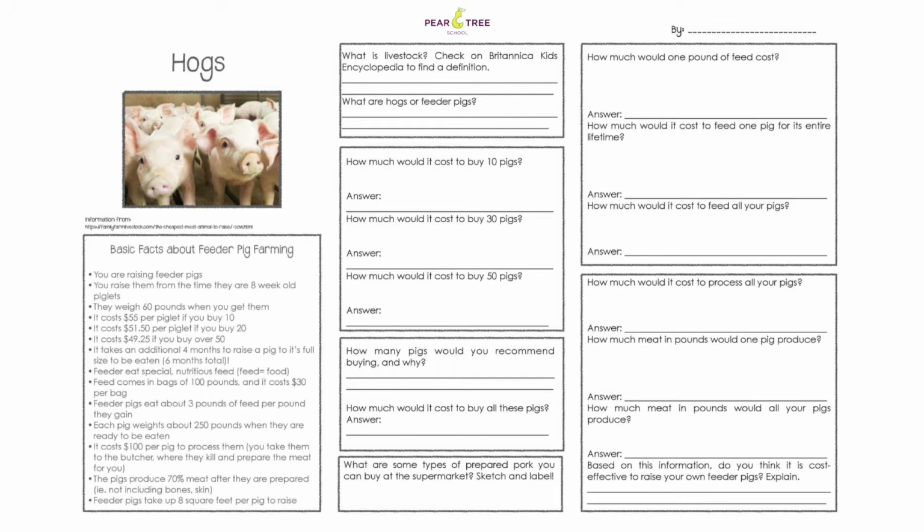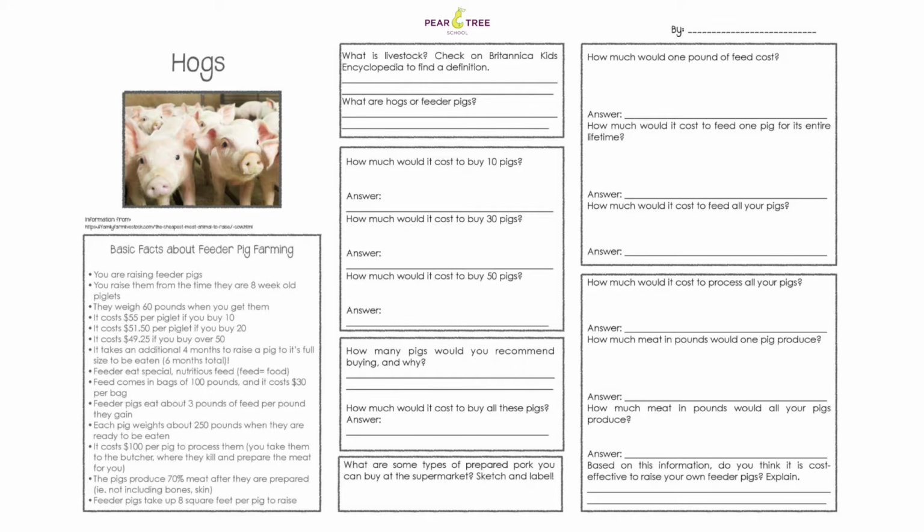There's a lot of different information there: the cost of buying piglets, which varies depending on how many you're buying, so there are bulk purchases, their weight, how long they live for, how much you need to feed them, how much they eat as they get older, how much it costs to process them, which is a polite way of saying kill them and prepare them, and also how much meat you can actually get from that specific animal. There are so many different facts and numbers connected to the pig industry.